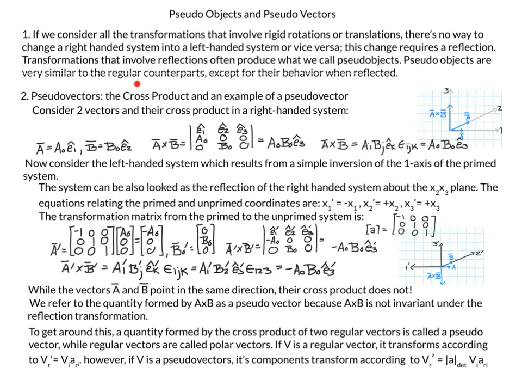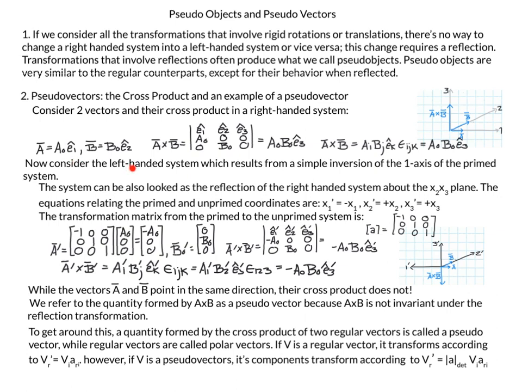And our first example was the cross product. So we considered two vectors and their cross product in a right-handed system. This was our system where we had our first axis this way, our second axis, you rotate counterclockwise to get to it, and then the third axis is straight up. And we did our cross product, and we see this follows the right-hand rule.